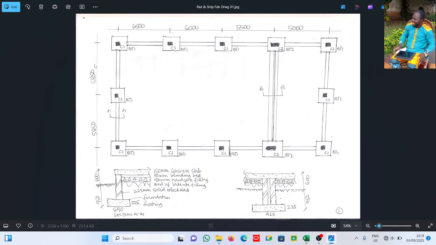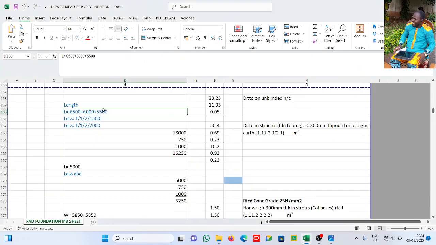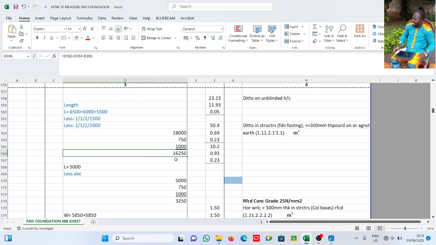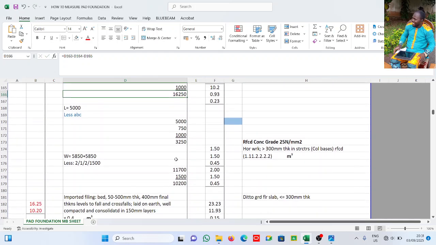Okay, now I get what I did there. The same thing here, but here is different. Here I'm lessing 2 by half by 1.5. Remember, this is 2000 by 1,500. So here I'm lessing 1 by half by 2000. So that is clear there. Yes, that is what I have here. So this gives me this. If I back compute, that gives me 16250.